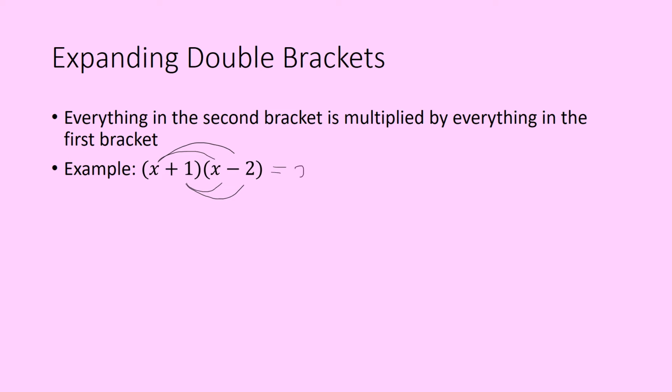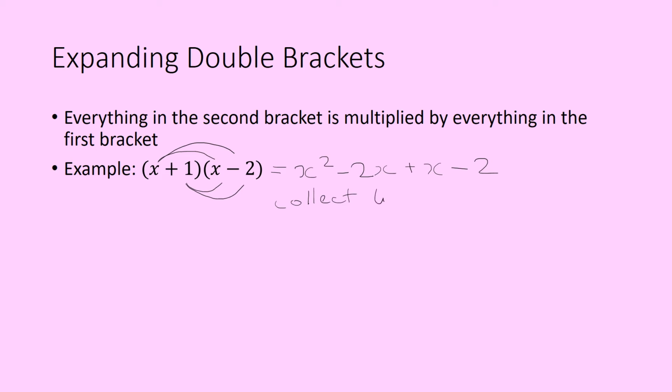So x times x is x squared, x times minus 2 is minus 2x, then plus 1 times by x is plus x, and 1 times by minus 2 is minus 2. Next step is we collect like terms.